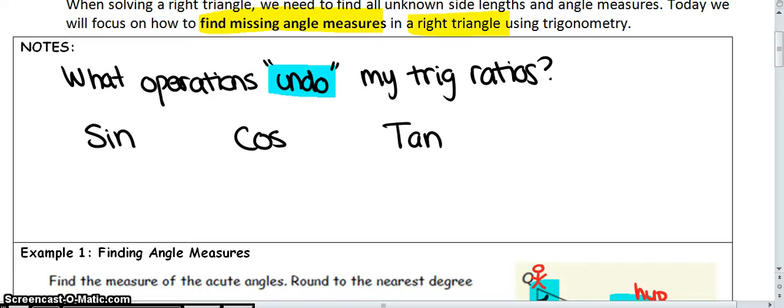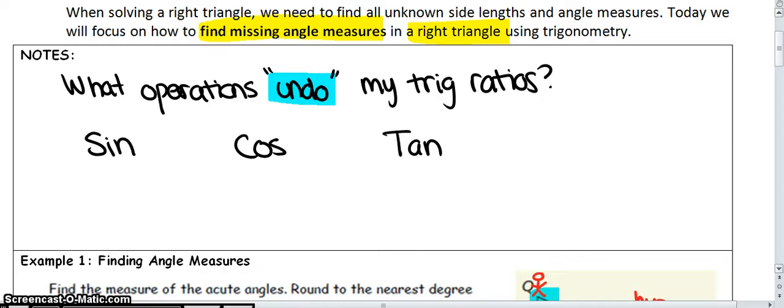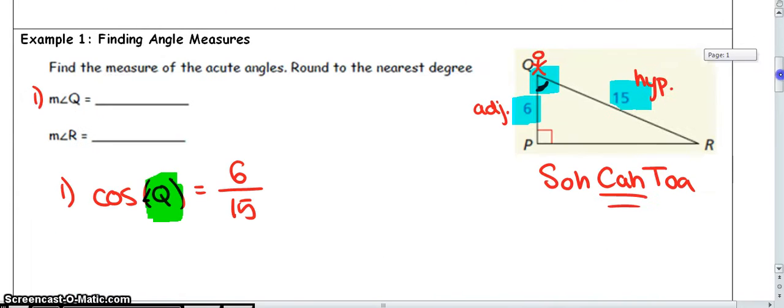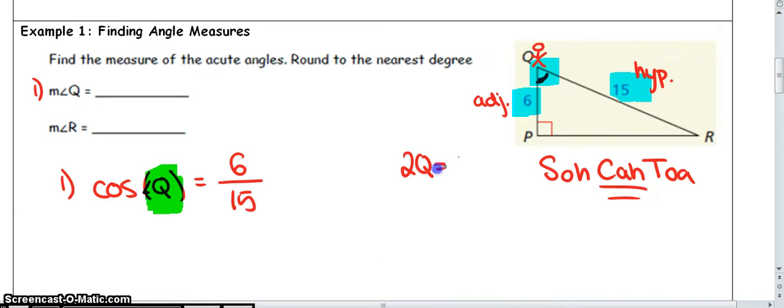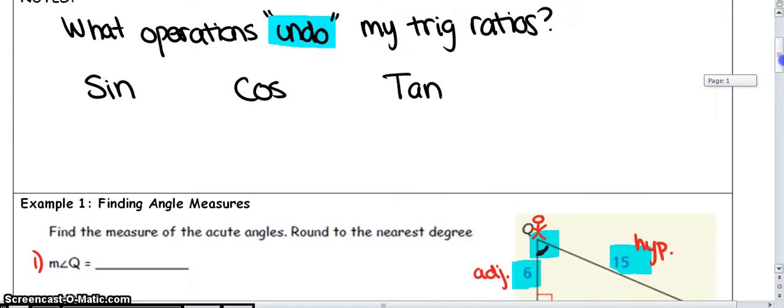This is another new operation you need to learn, and luckily, there's a pretty easy way of remembering what undoes each one. When I gave you that example, 2Q equals 6, the reason we divide is because multiplication and division are inverse operations. Inverse meaning they undo each other.